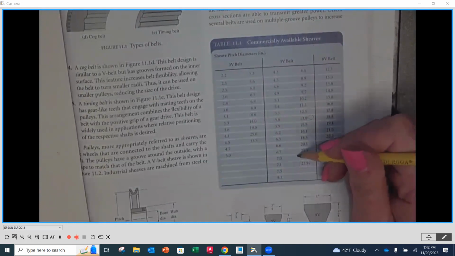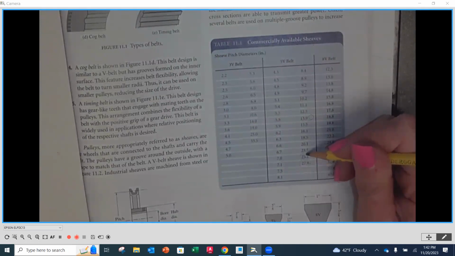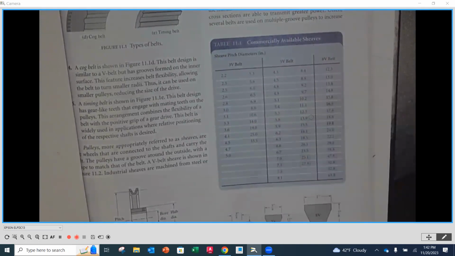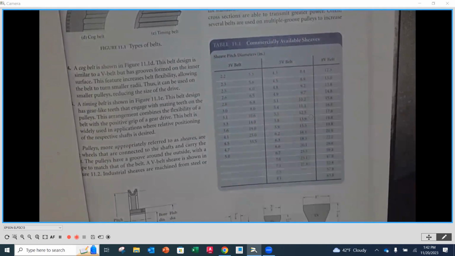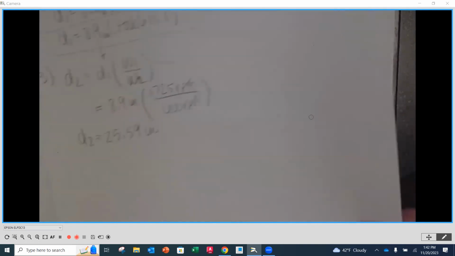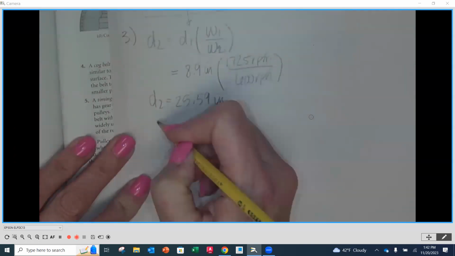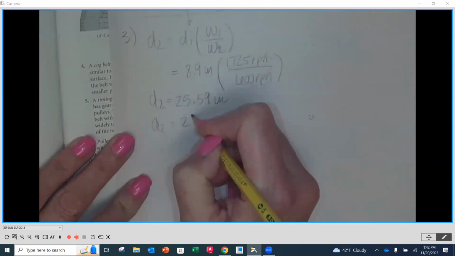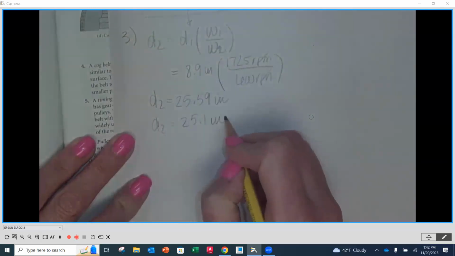You could try 25.1, or we could use the 27.9, either one. But now we're not way over it. Last time we were at 29 and we were using the 27. So why don't we try the 25.1 and see how that goes? Because then that's not at the edge of this. So we're going to just say D2 is going to be 25.1 inches.